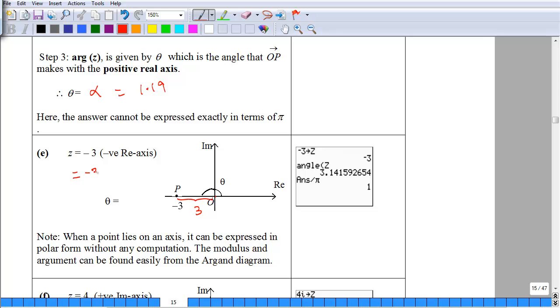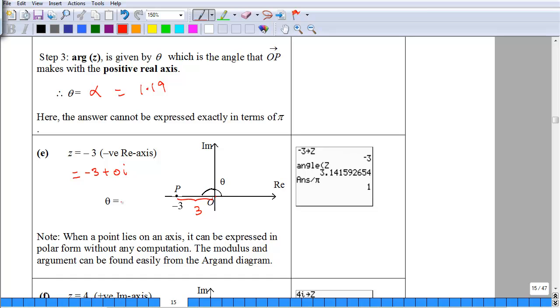But then negative 3 is negative 3 plus 0i, so I will not move up or down. So the point P will represent the complex number negative 3. From the diagram, we can see that the argument will be theta.